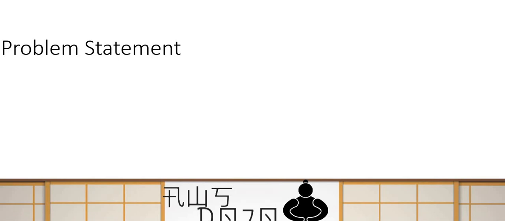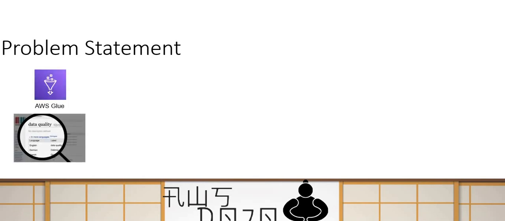So basically, the problem statement is: when you use AWS Glue Data Quality to assess your data quality, who do you think are the primary users of this information? Suppose there is some data in your data platform at rest or moving across different stages, and you're creating a data quality assessment to see the quality of the data and to find any issues in it.